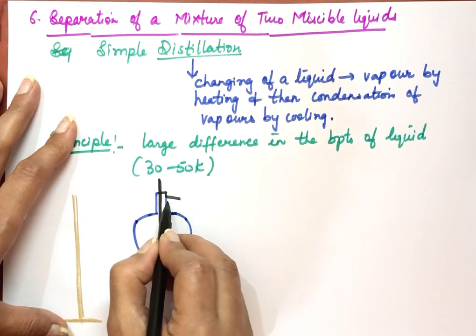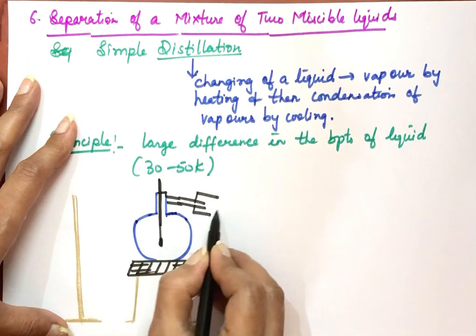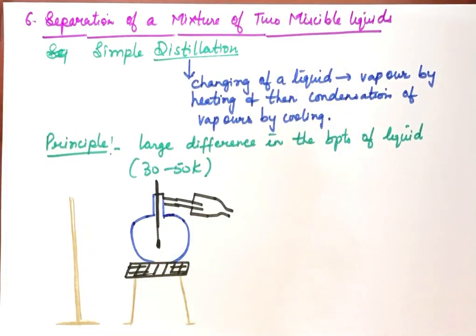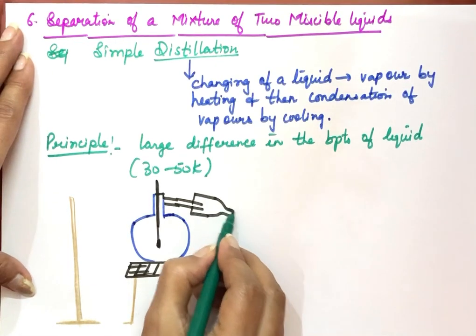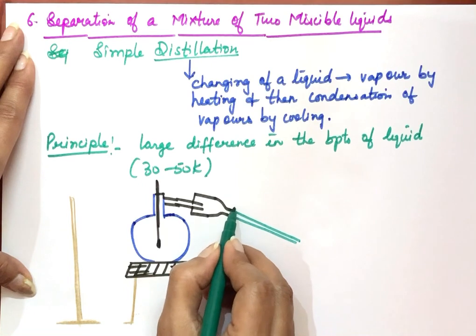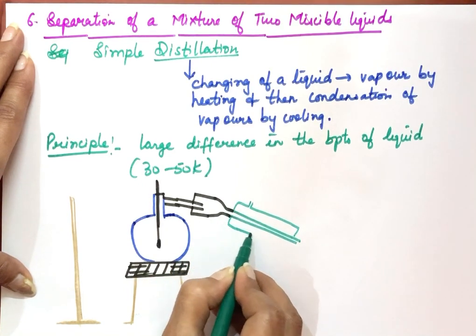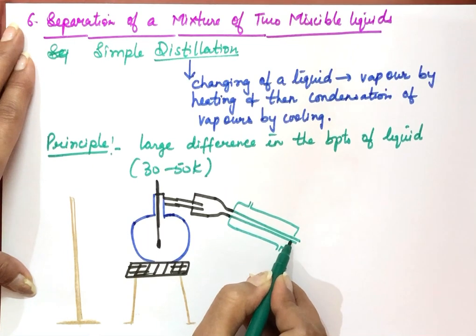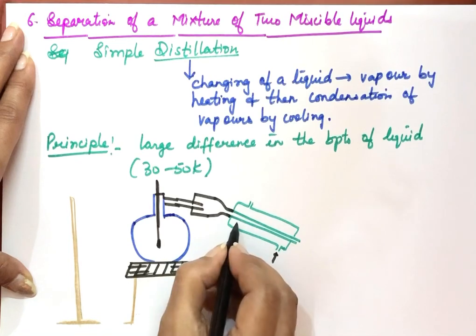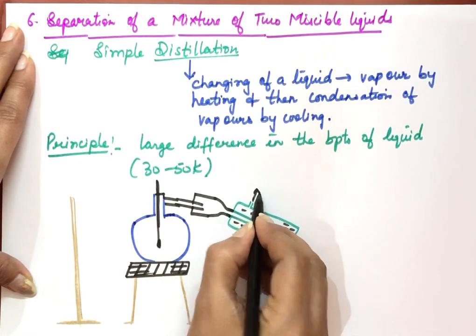Then we will have a thermometer here to note down the temperature. This side is a small opening through which we will attach a condenser. We are attaching a condenser here. Around this we have a jacket through which the cold water will enter from this side. It will move in this jacket, and from this side the hot water will come out.